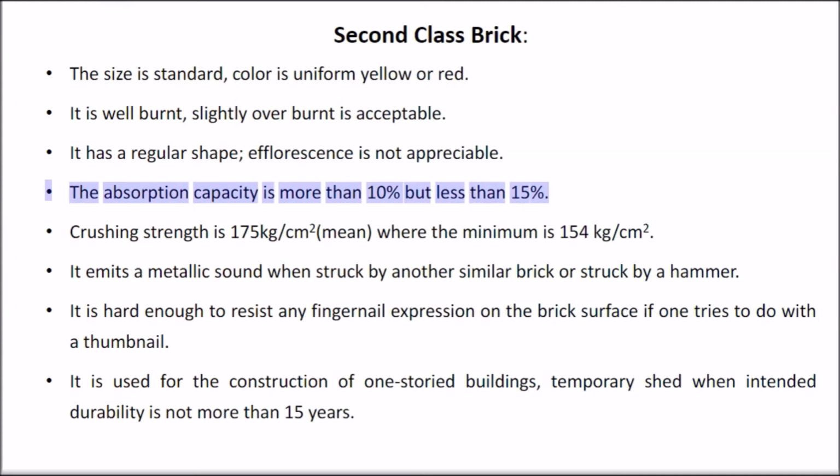The absorption capacity is more than 10% but less than 15%. Crushing strength is 175 kg/cm2 mean, where the minimum is 154 kg/cm2.